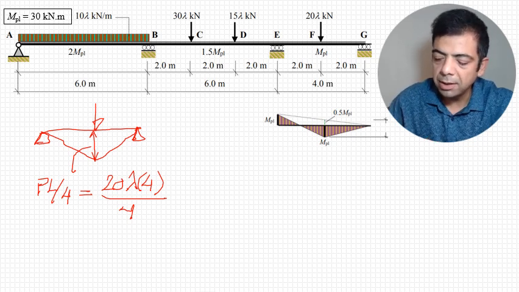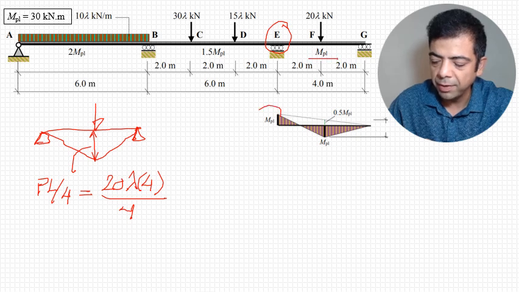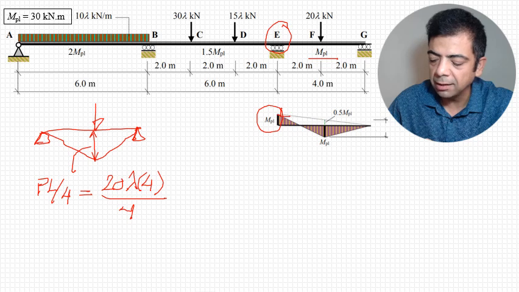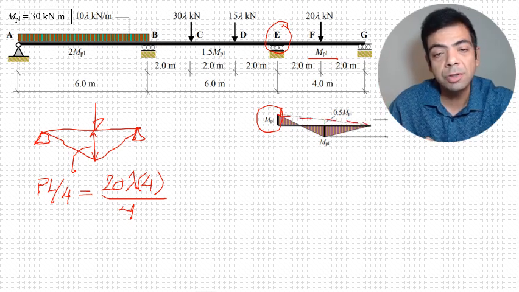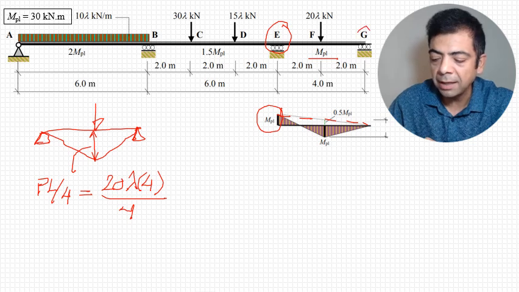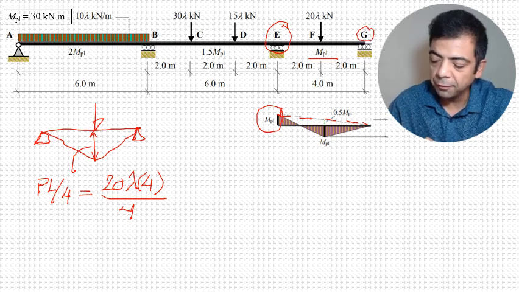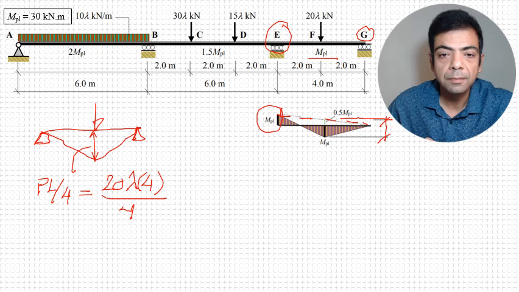So we agreed that the moment at E is going to be 1 M plastic. That's the negative. The drill is you connect the negative to the opposite side, which is going to be 0. The moment at joint G is 0. And then we're going to have to figure out the entire distance at the point load. What is the little distance here? It's going to be half the base.